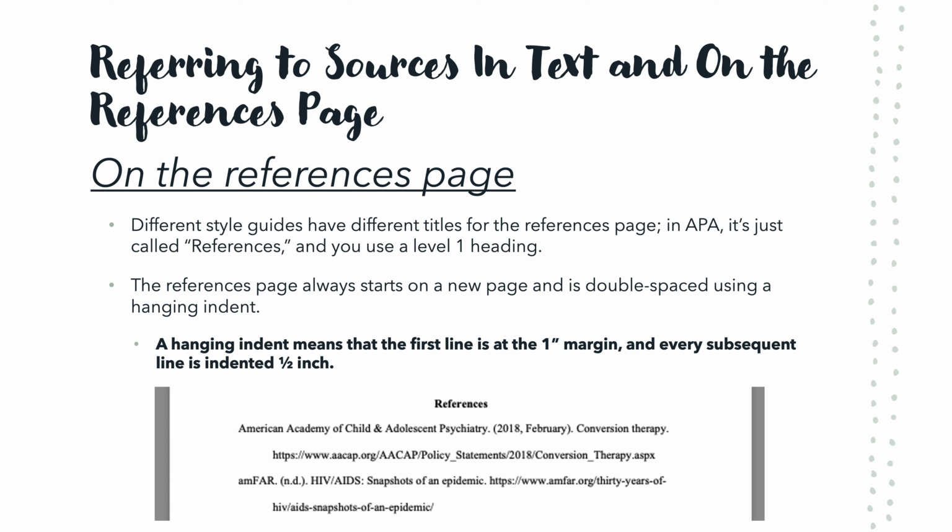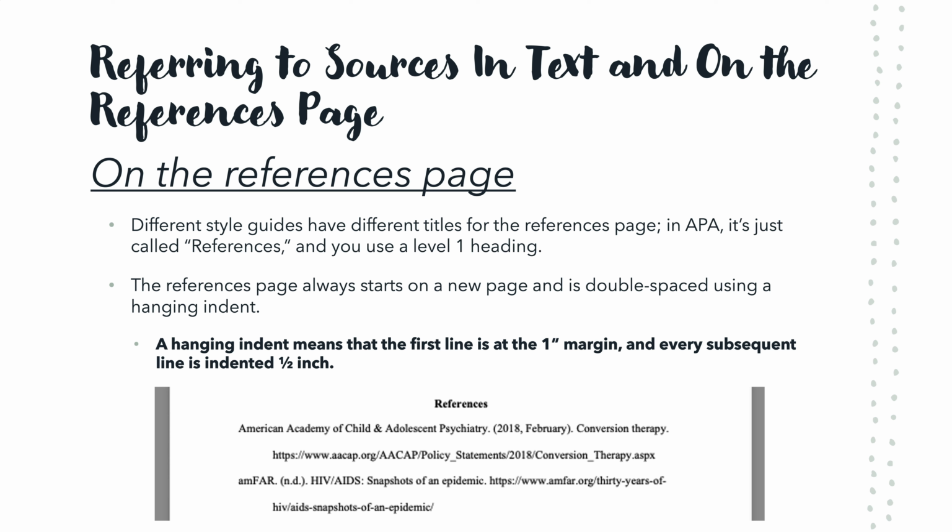On the references page, sources must be documented in a very specific manner. Different style guides have different titles for the reference page. In APA, it's called References, and you use a level 1 heading. The references page always starts on a new page and is double-spaced using a hanging indent.